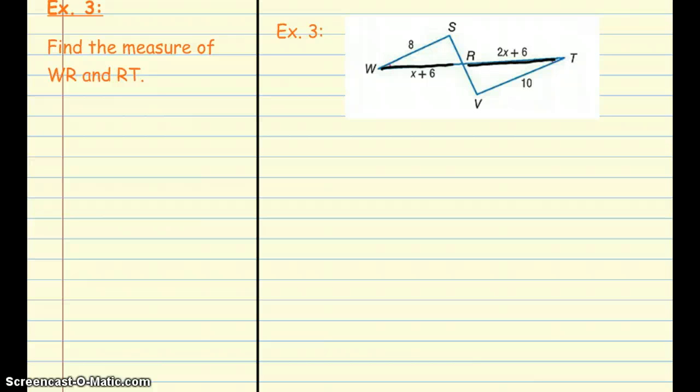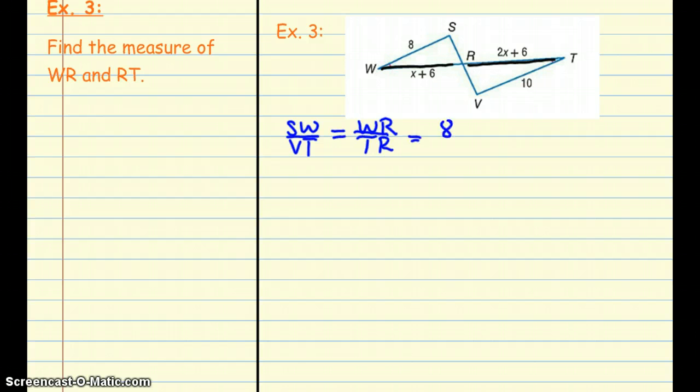So we say that SW corresponds to VT and WR corresponds to TR.